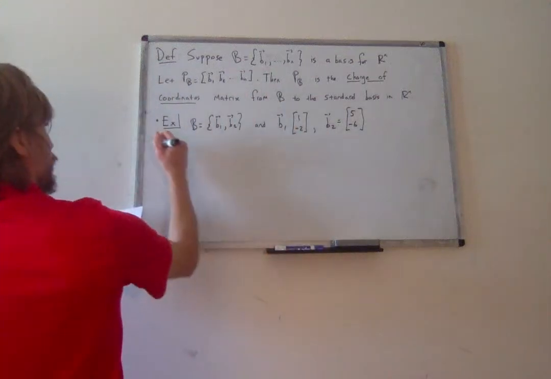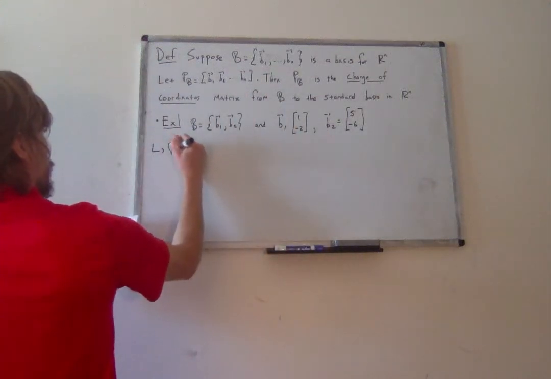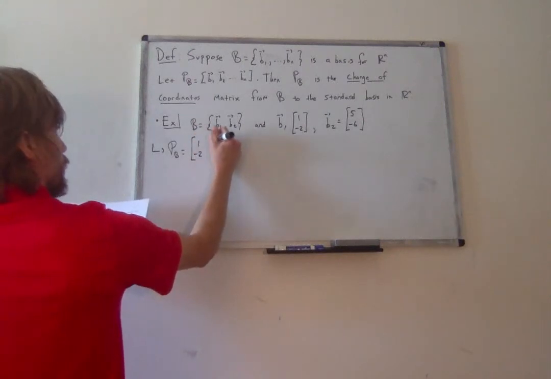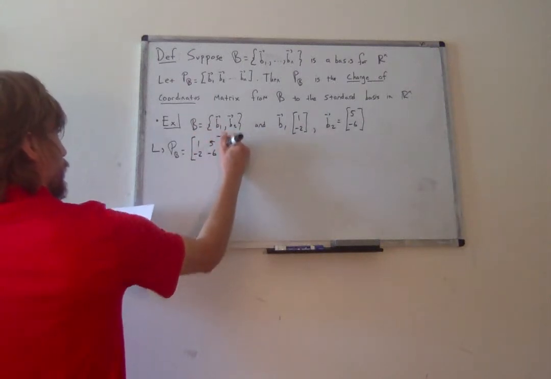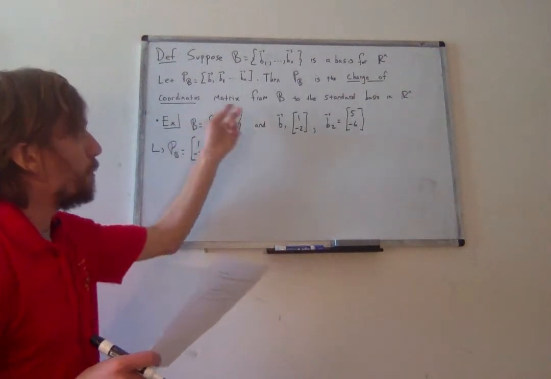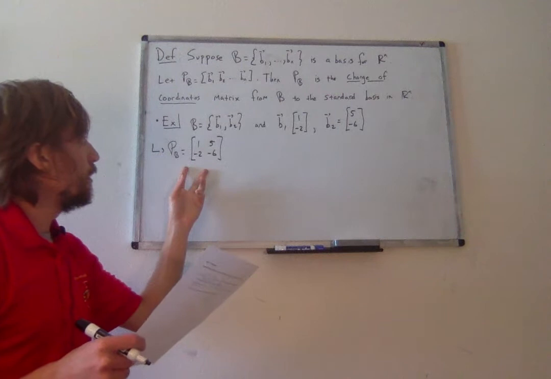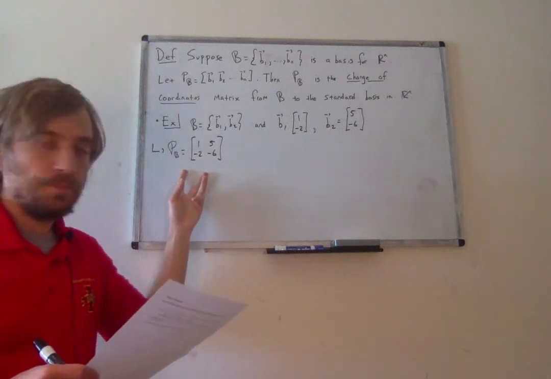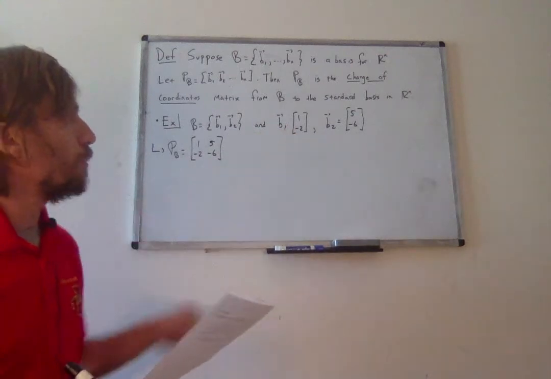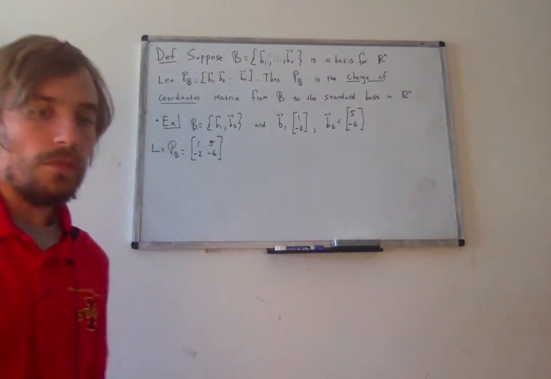So under this definition, notice I had pointed out this matrix before I erased it, put it back up, that the change of basis coordinates matrix from B to the standard basis in Rn is just this matrix here: 1, 5, -2, 6. Again, the columns just match the basis vectors.